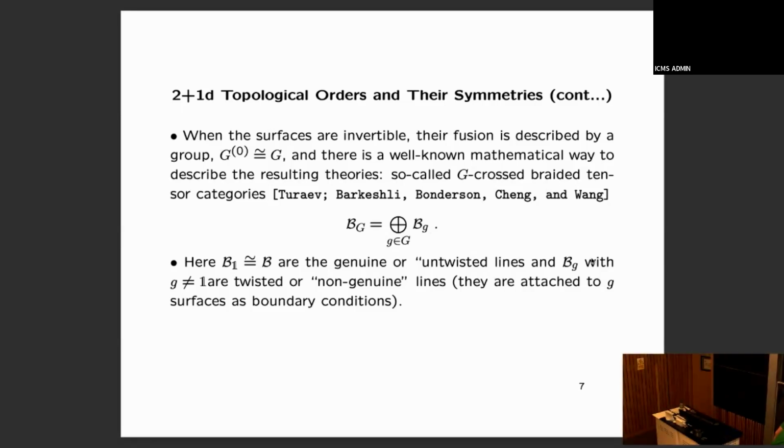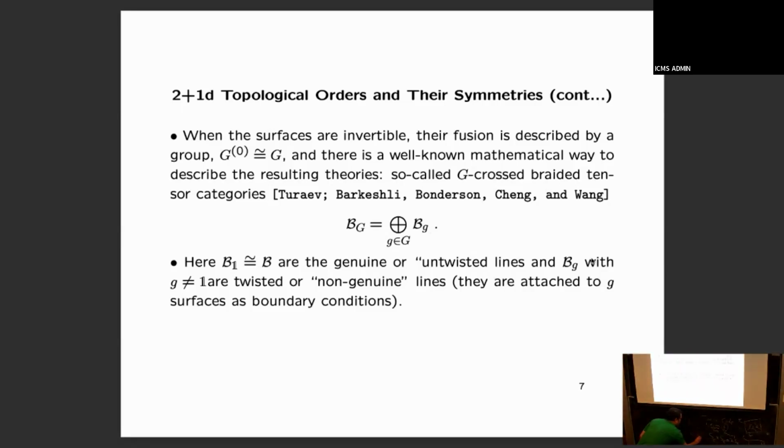It exchanges E and M and keeps f and 1 the same. So this is invertible in the sense that I've described. Also, if I take a fusion of SEM with itself, I get the trivial surface, so it generates a Z2. But more generally, even in the toric code, I'm going to have some non-invertible surfaces like SE and various others.